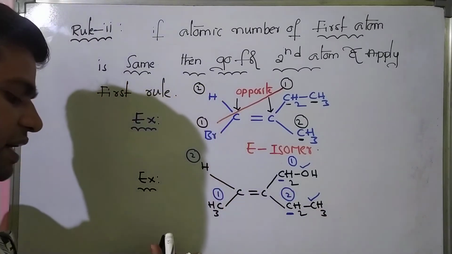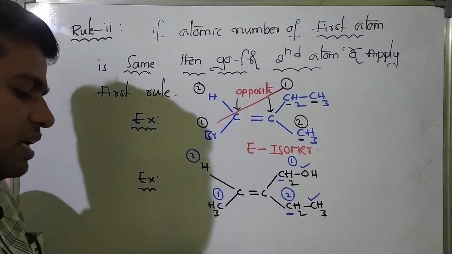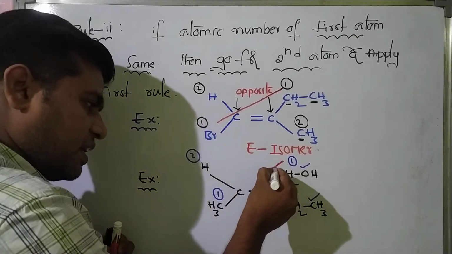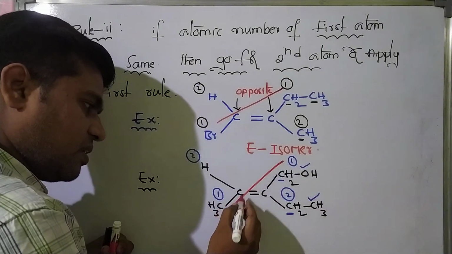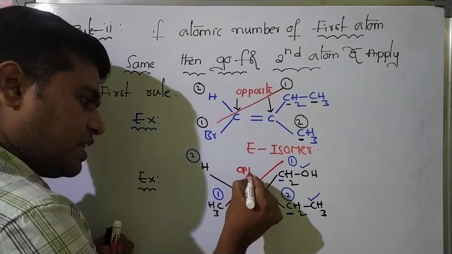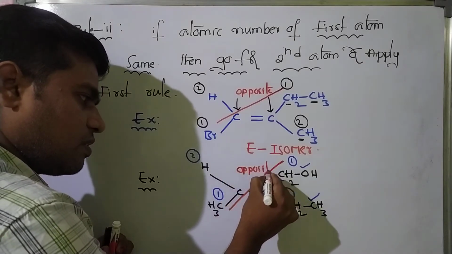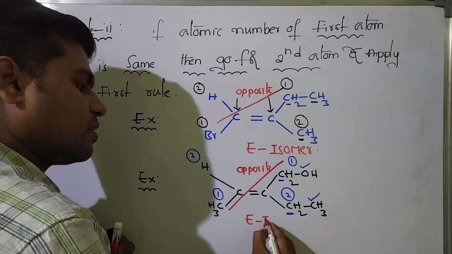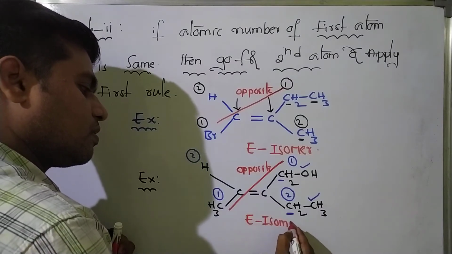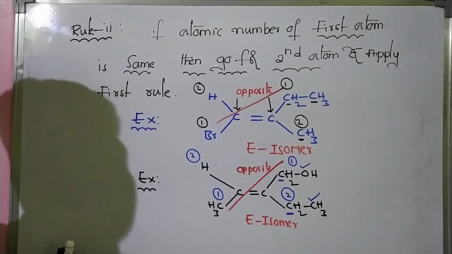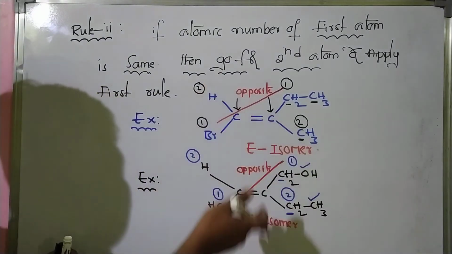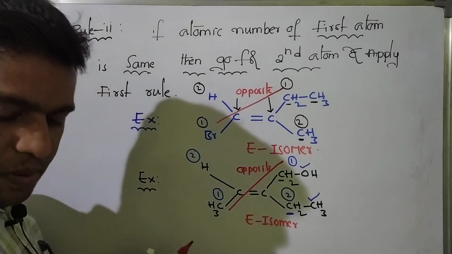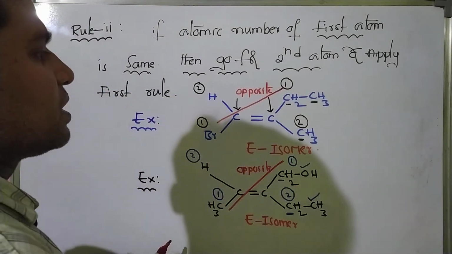So here again the first priority groups are opposite side. So this is also E isomer. Okay, please note. Otherwise Z isomer.